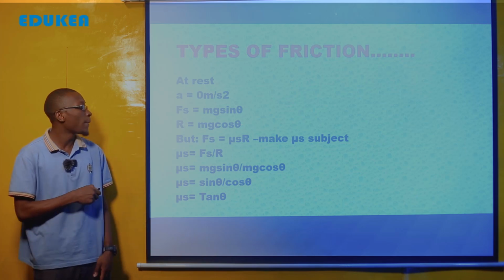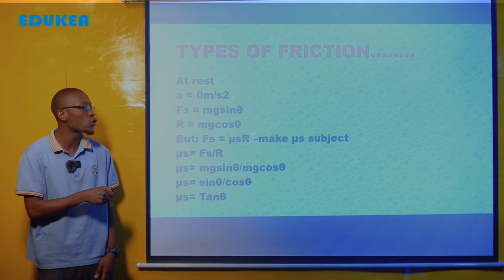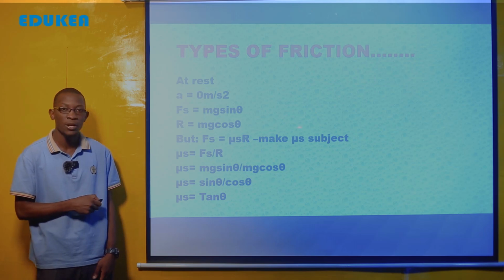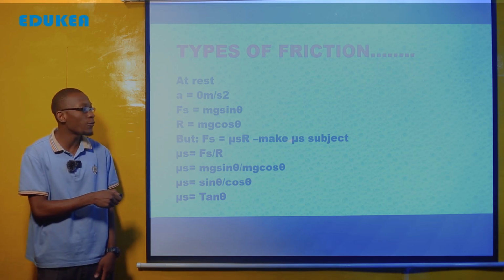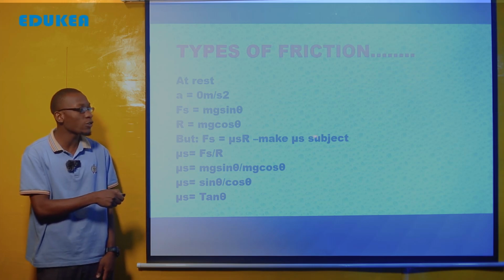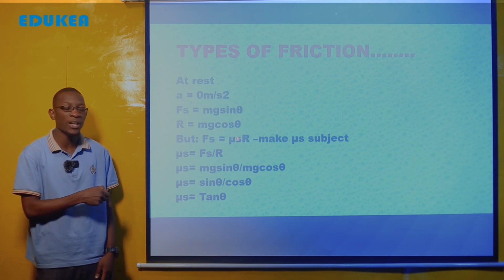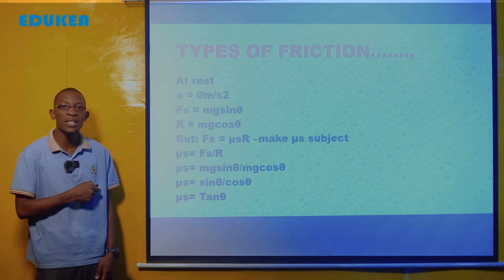But frictional force is equal to the coefficient of static friction times the normal reaction. Making the coefficient of static friction the subject, we get the frictional force divided by the normal reaction. This is what we call the coefficient of static friction.